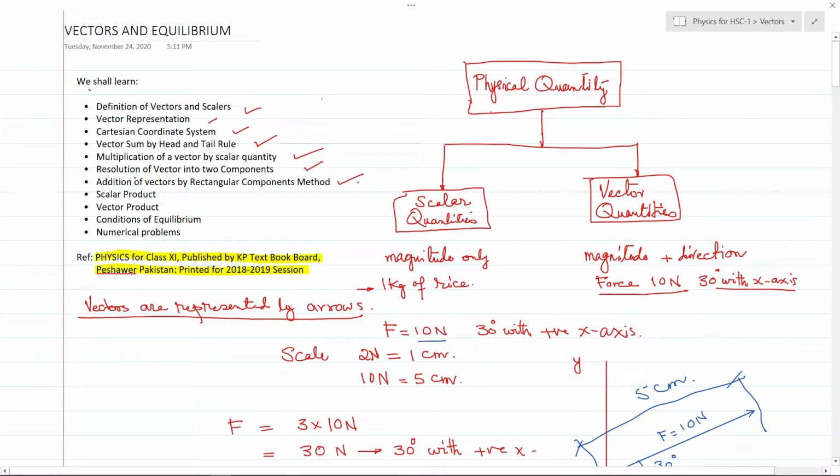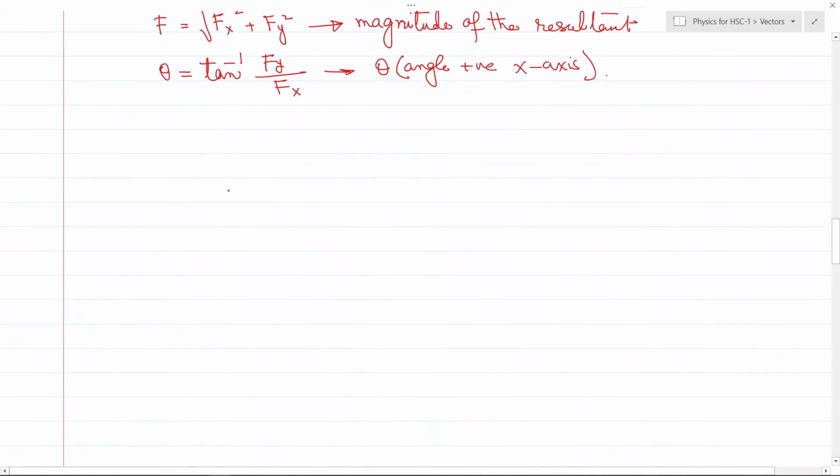Now we are going to discuss scalar product, vector product, conditions of equilibrium, and we will try to solve some numerical problems. So let's start our discussion. We will start with vector products.